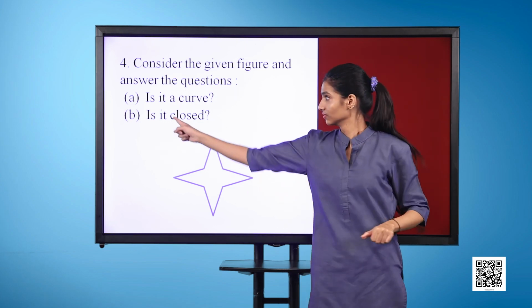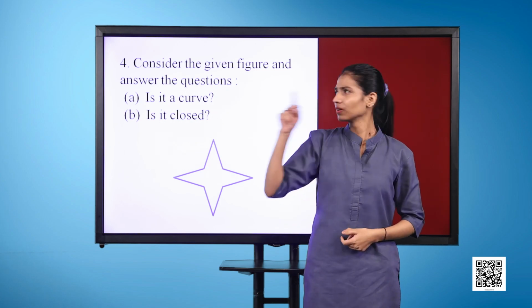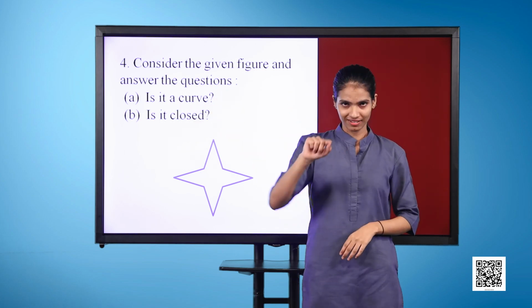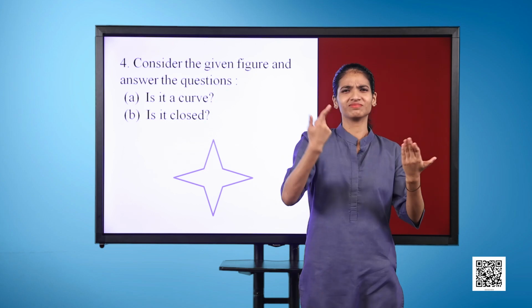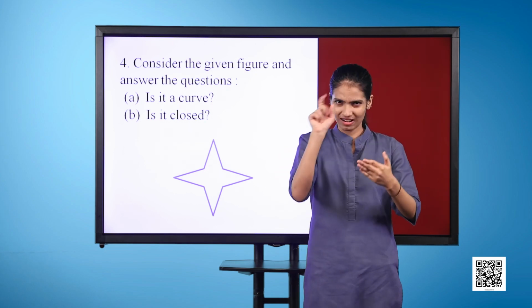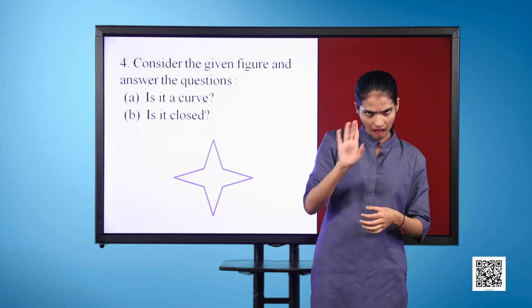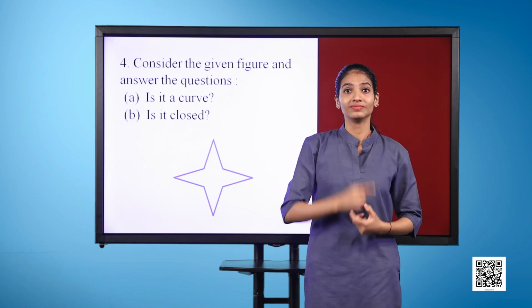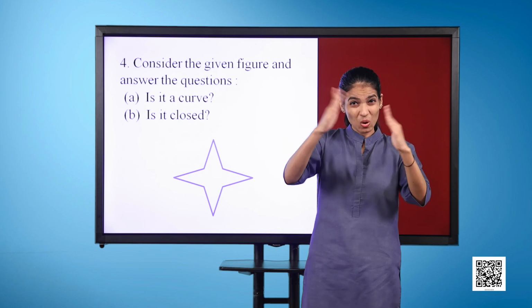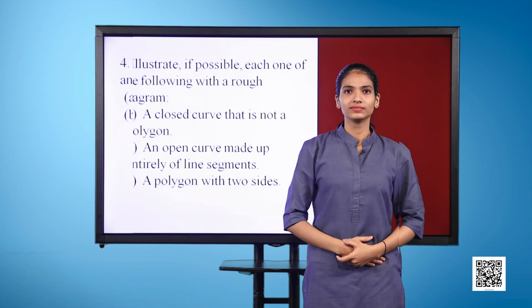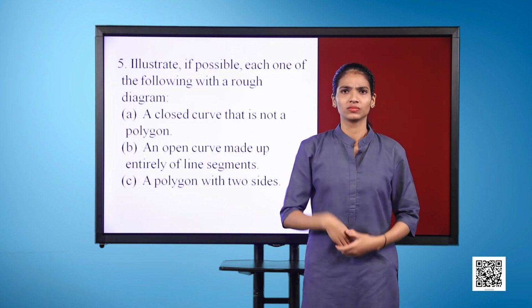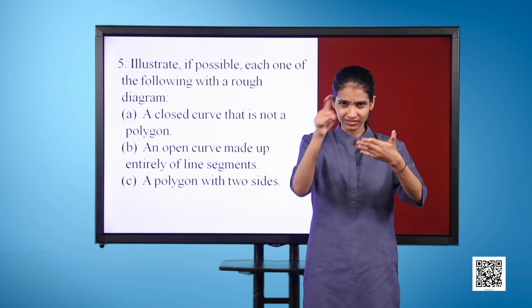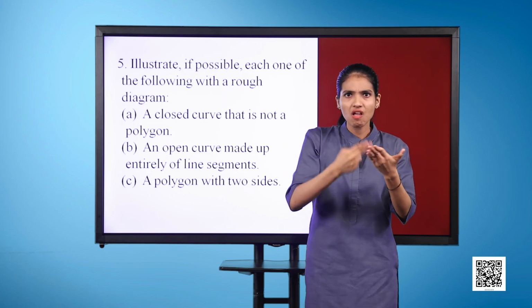A. Is it a curve? B. Is it closed? 5. Illustrate, if possible, each one of the following with a rough diagram.